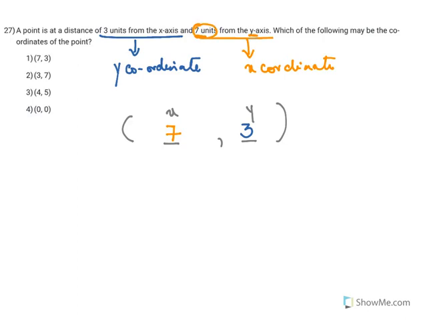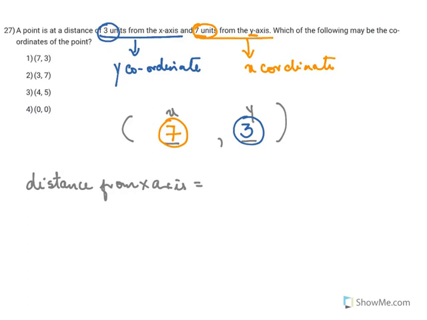The distance from the y-axis is the x coordinate here, and the distance from the x-axis is the y coordinate. Again to repeat it, the distance from the x-axis is equal to 3, and the distance from the y-axis has been given as 7.